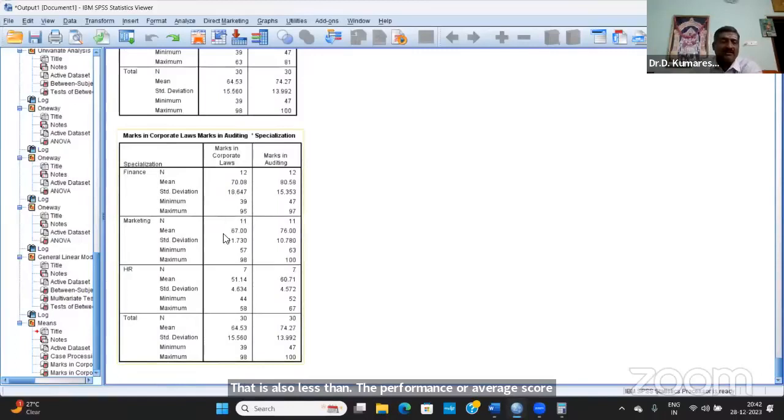Now look at this. Based on specialization, finance, marketing, and HR. Corporate law 70.08, finance specialization students. Then marketing specialization students 67. HR students 51.4.